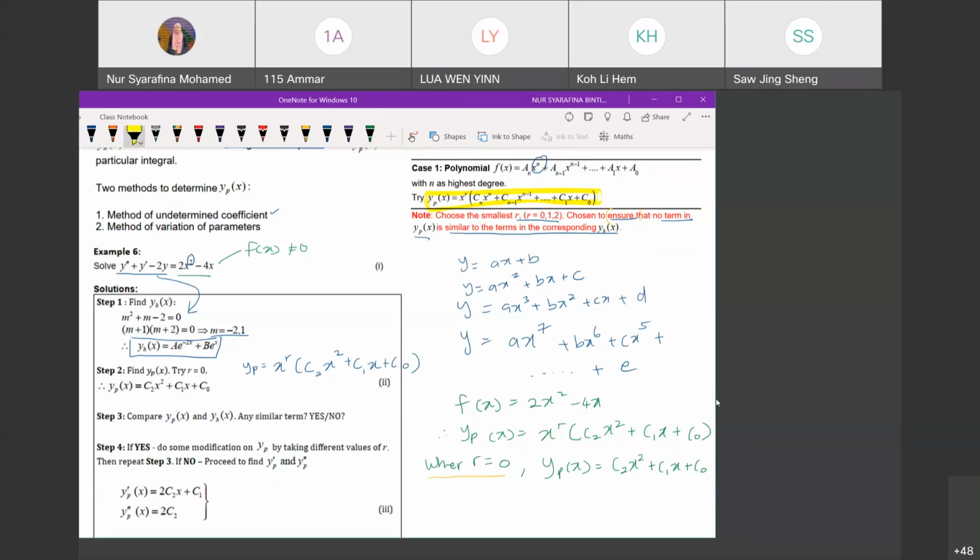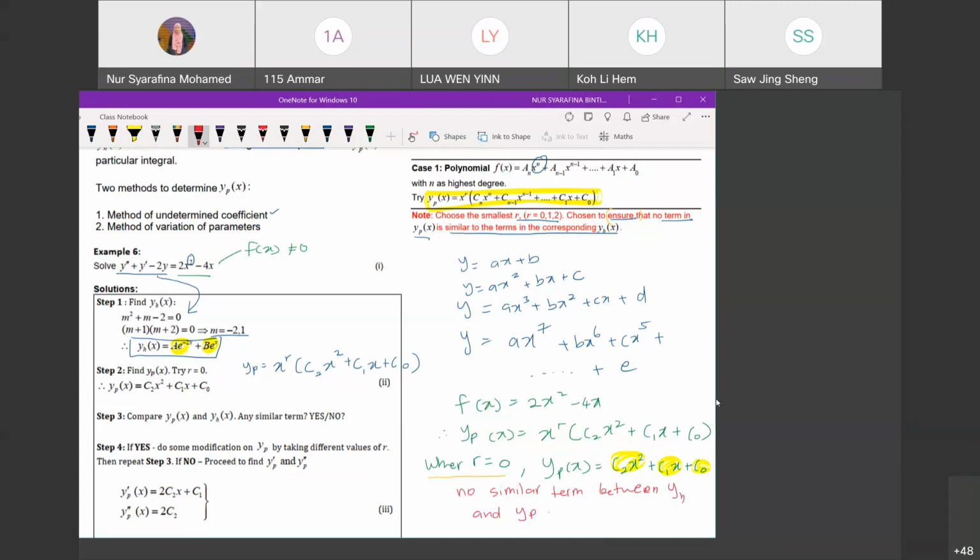Okay, now YH is A e to the power of minus 2x plus B e^x. And this is x squared, this is x, this is constant. So we can decide that there is no similar term between YH and YP, because this is in terms of exponent, and this is in terms of quadratic, linear, and constant.